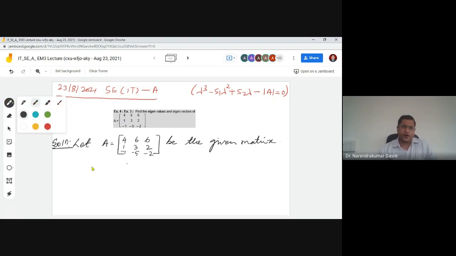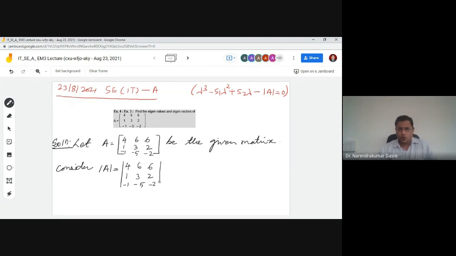Let us try to find the determinant. Consider the determinant of A. Please be careful where we have to write a matrix and where we have to write a determinant. So this is 4, 6, 6, 1, 3, 2, -1, -5, and -2. I want you to use your calculator and get this determinant. What is the value of the determinant we have?